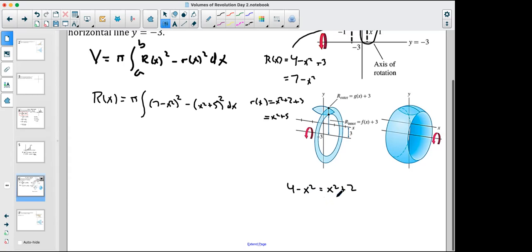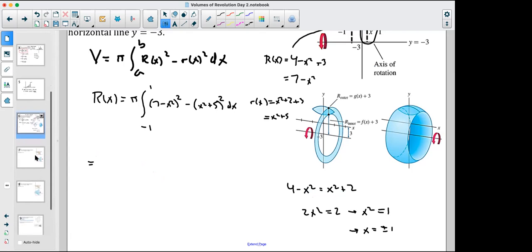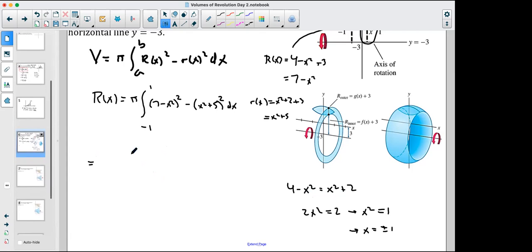So I get 2x squared equals 2, which means x squared is 1, which means x is positive and negative 1. I'll do this one and then stop, and I'll do the next couple in the next video.